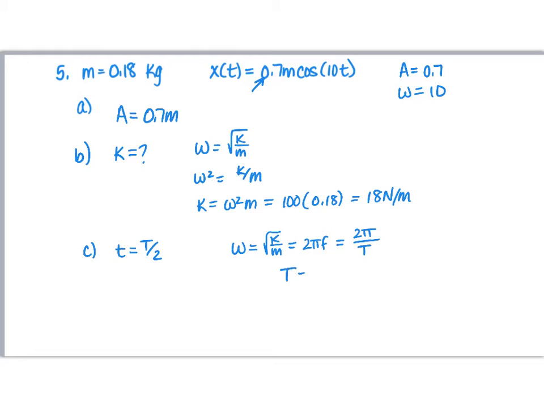I can solve for period as 2 pi square root of M over K, so 2 pi square root of 0.18 over 18. I have to do the calculations because my numbers were different the first time through.